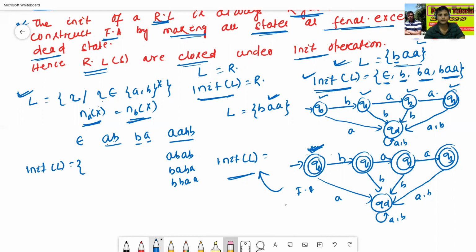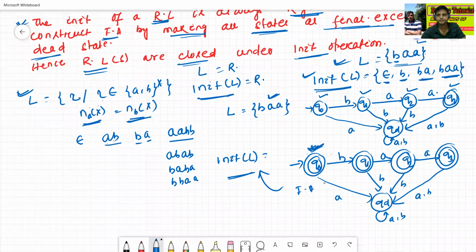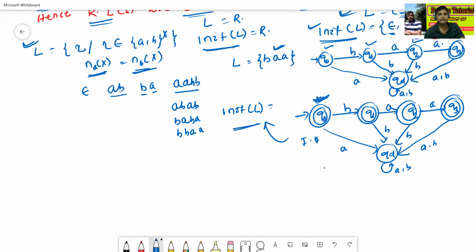Now again I am writing here. The language init of L is nothing but here epsilon. What is the prefix of epsilon? The prefix of epsilon is also epsilon.